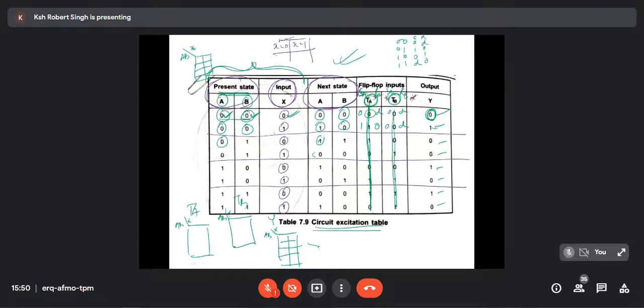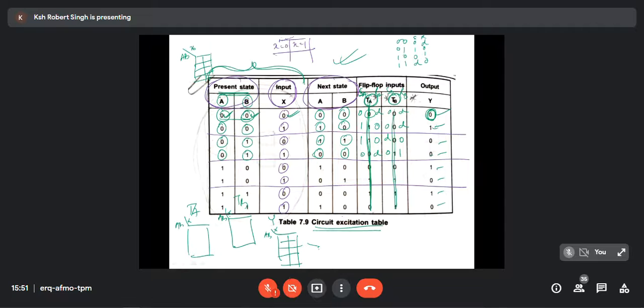A plus 1. 0, 1. 0, 1. 0, 0, 1. 1, 0. 1, 0. B. 1. B plus 1. 1, 1. D 0. D 0. A plus is also 0, 0, 0, D, 0, D, B 1, B plus 0, 1, 0, 1. Is that okay? You have to fill it up. Is it okay? Okay, sir.